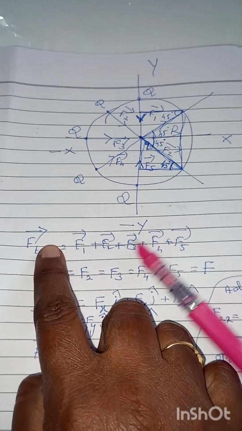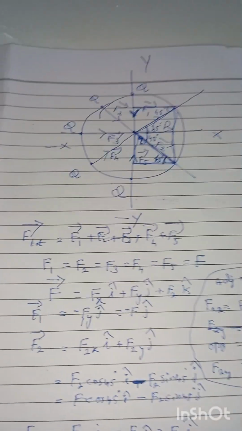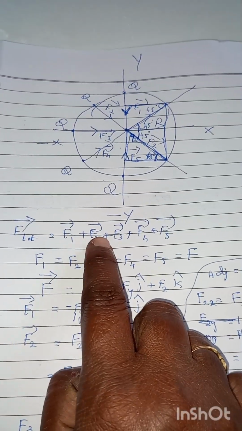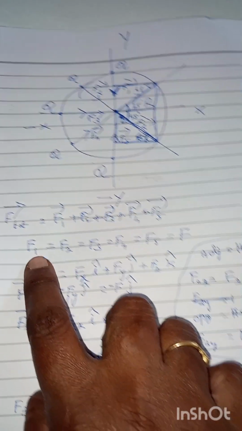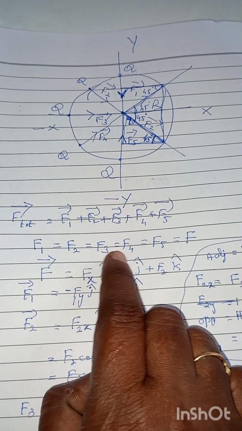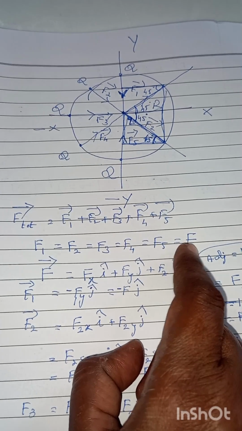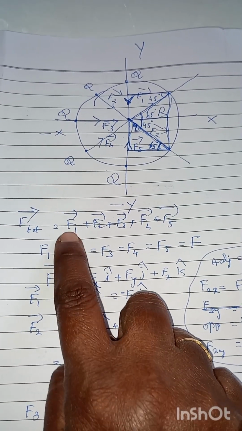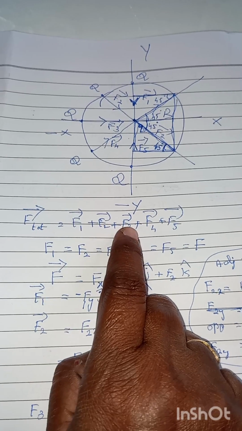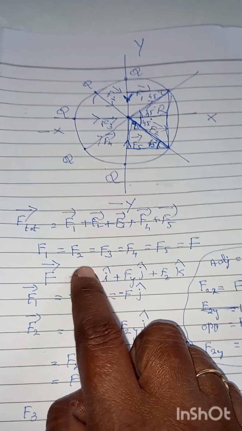Now according to the superposition principle, F total can be written as F1 plus F2 plus F3 plus F4 plus F5. Here F1 equals F2 equals F3 equals F4 equals F5 equals F, the magnitudes of the forces respectively.